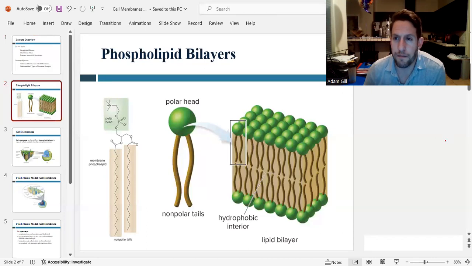So let's talk about phospholipid bilayers. Recall that phospholipids had a polar head region and two nonpolar tails. We abbreviated this phospholipid as the circular polar head and the nonpolar tails.